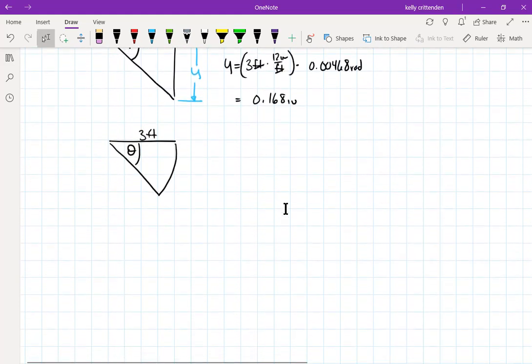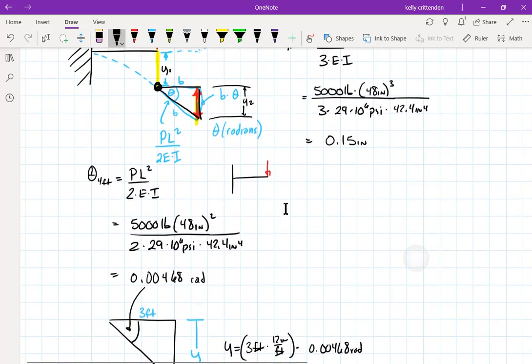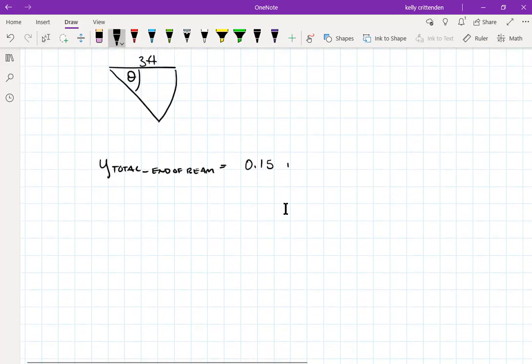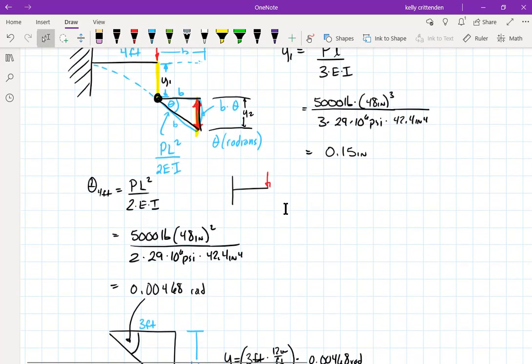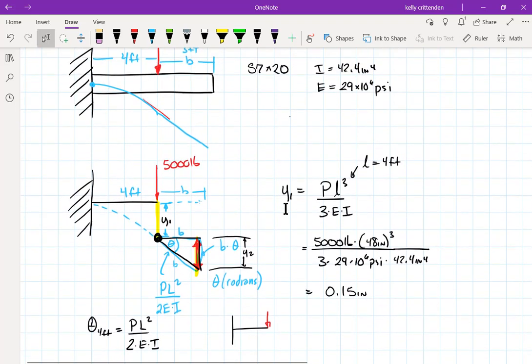So our total, Y total at the end of the beam, is 0.15 from the point load plus 0.168, these are inches, 0.32, we'll leave 1/8 inches. So in the range of 3/8 or whatever of an inch for the total deflection, but you have to do it in 2 steps.